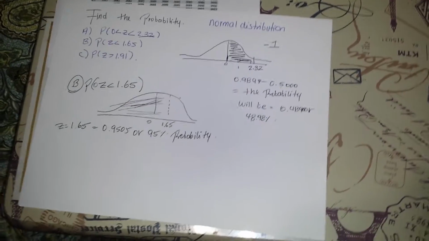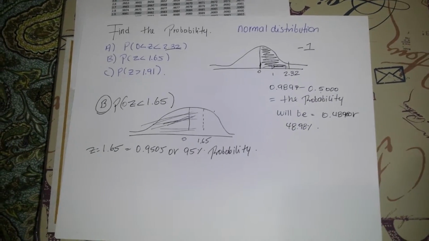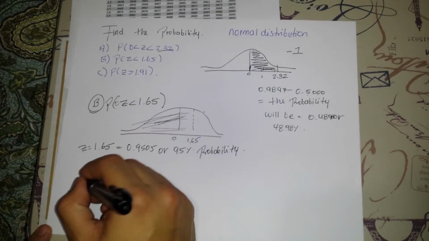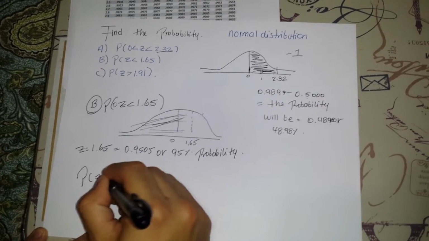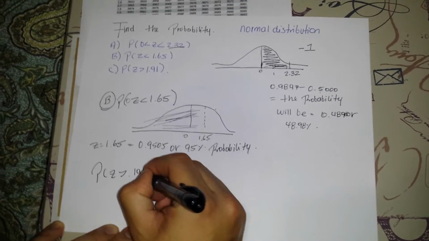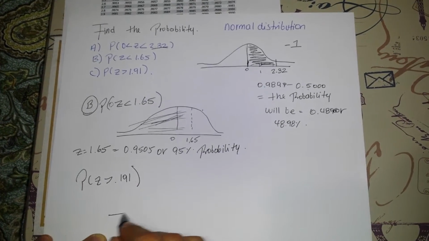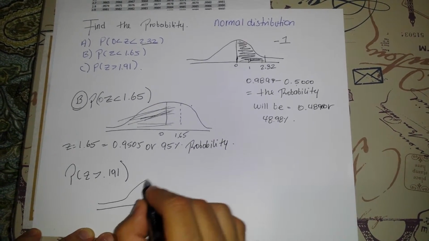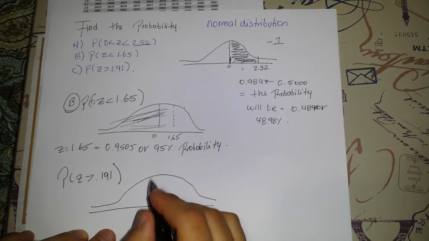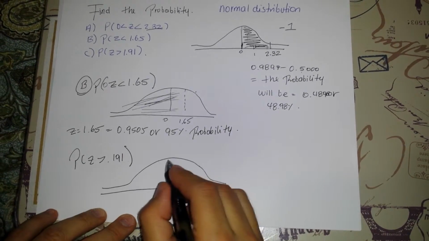In example number 3, it's P, and the first step we need to do is graph. That's our first step. Always we need to graph so we can understand or make interpretations of how we're going to solve the problem.